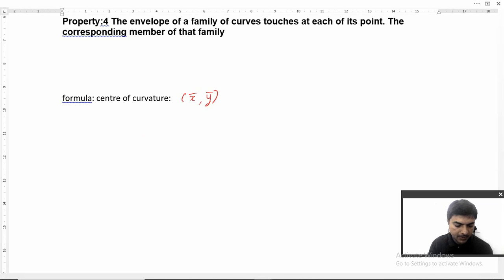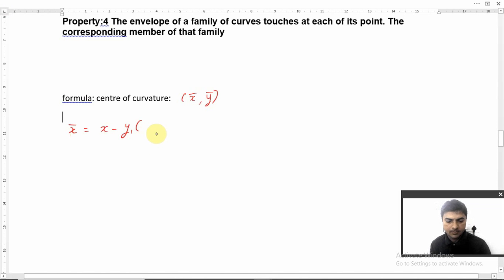Please write down the formula, friends: x bar is equal to x minus y1 (1 plus y1 squared) divided by y2, and y bar is equal to y plus (1 plus y1 squared) divided by y2.